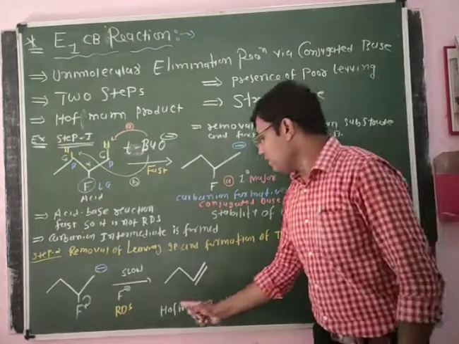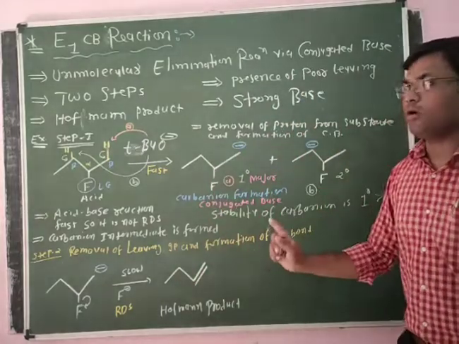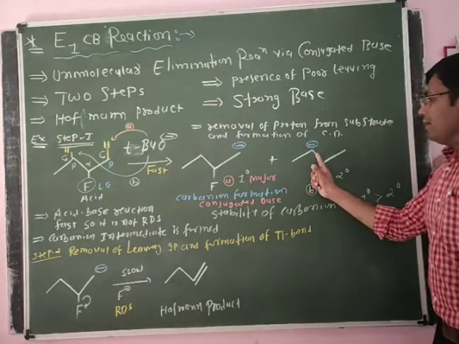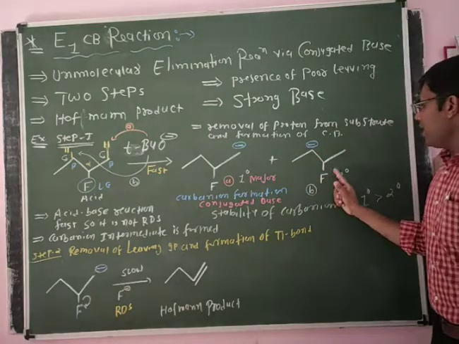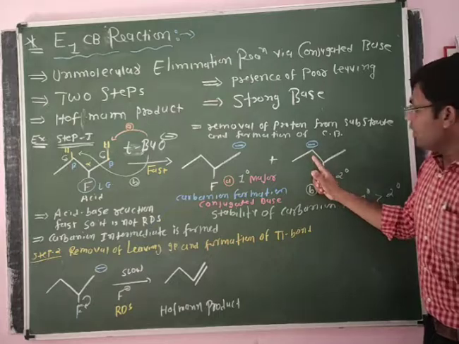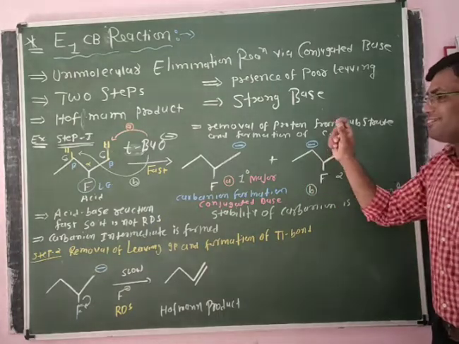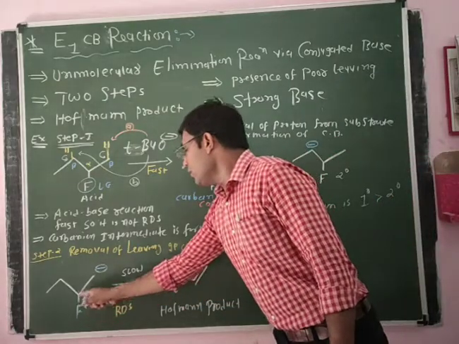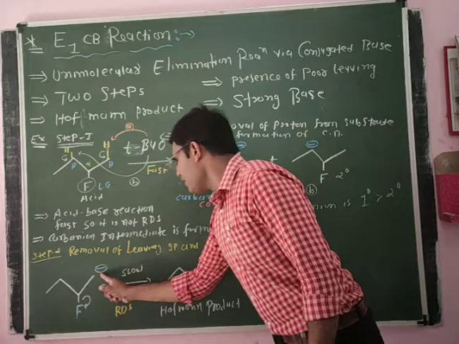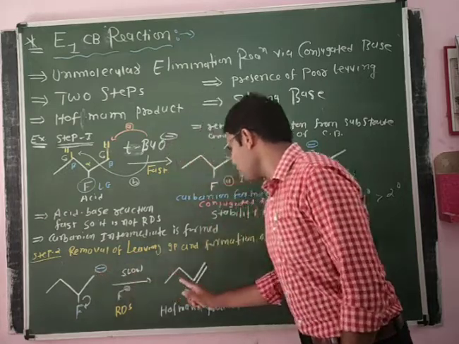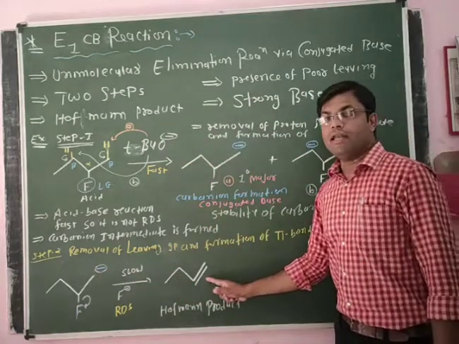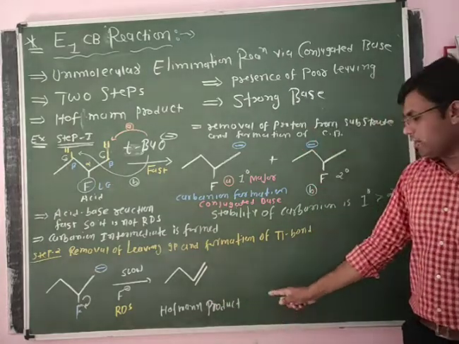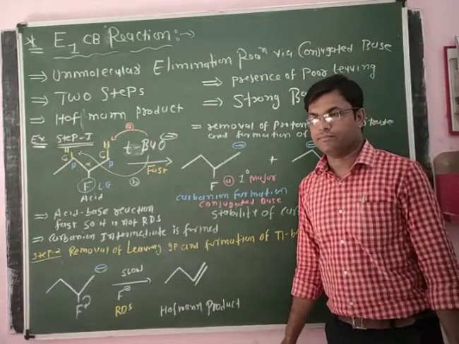But here the Hofmann product is the major product instead of the Saytzeff product, because you know here the secondary carbanion is less stable. If there is removal of the leaving group from this one, then we get the Saytzeff product. But this one is less stable. So here removal of the leaving group from this one, meaning the primary carbanion, we get the terminal alkene, and in this terminal alkene we get the Hofmann product.